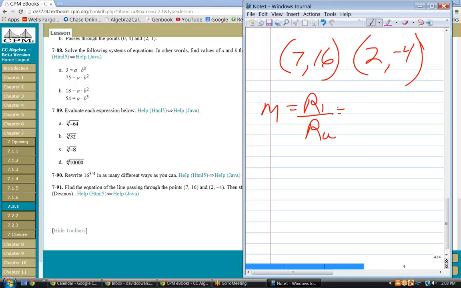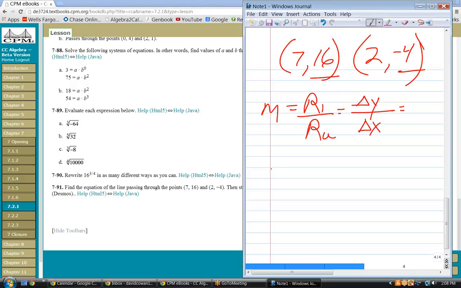What's the rise here? It's really the difference in y values all over the difference in x values. What is the difference between 16 and minus 4? 12. No. That would be 16 and 4.